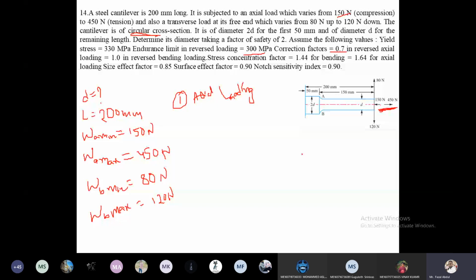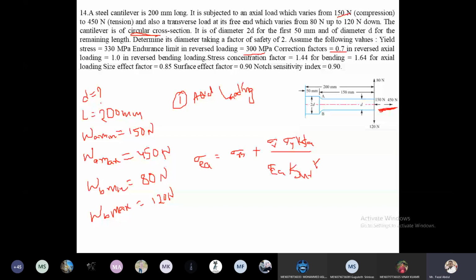This equation is mean stress plus variable stress, into yield strength, into fatigue stress concentration factor due to axial K_f, divided by endurance strength due to axial loading, and surface factor and size factor. So this equation we have to use here.